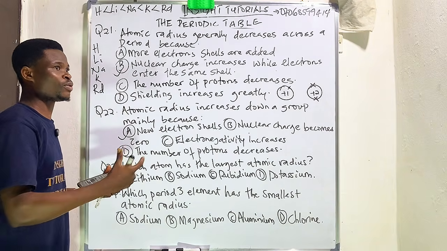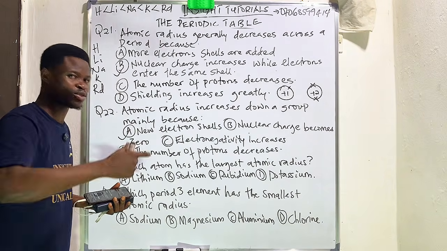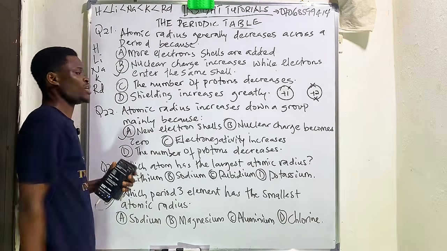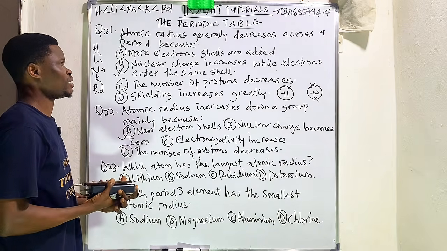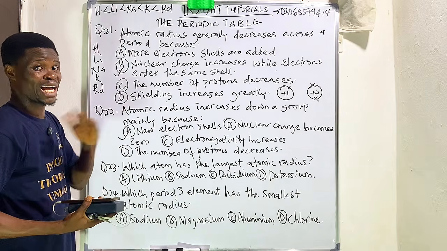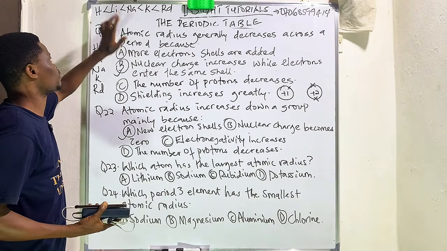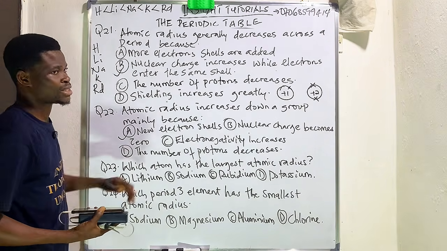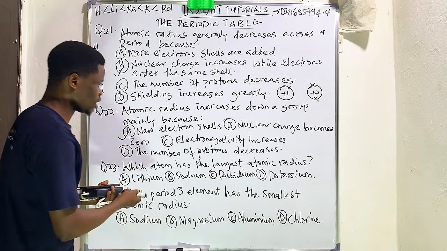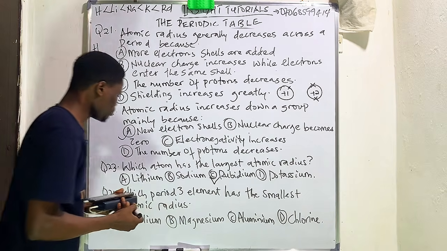So in terms of highest atomic radius, rubidium is the highest element, followed by potassium, followed by sodium, and then lithium, and then last hydrogen. So the correct option here is rubidium.